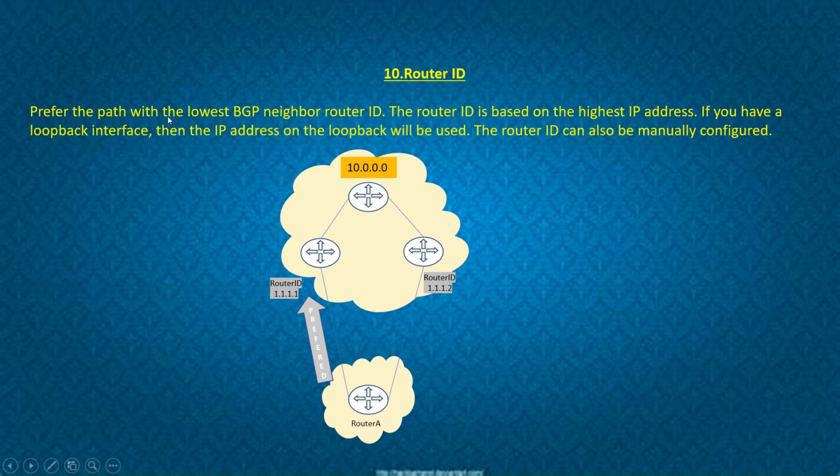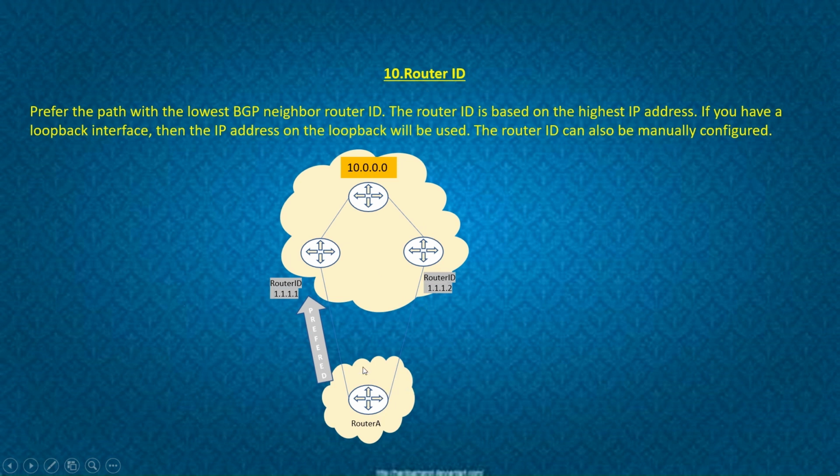Prefer the path with the lowest BGP neighbor router ID. The router ID is based on the highest IP address. If you have a loopback interface, then the IP address on the loopback will be used. The router ID can also be manually configured. If all nine attributes are tied, then the tiebreaker will be the router ID.